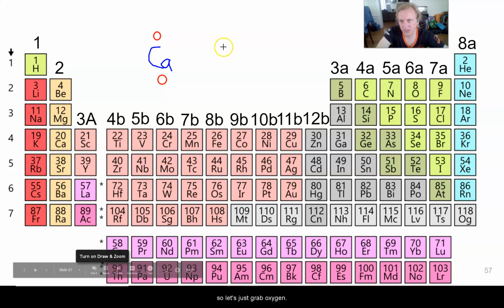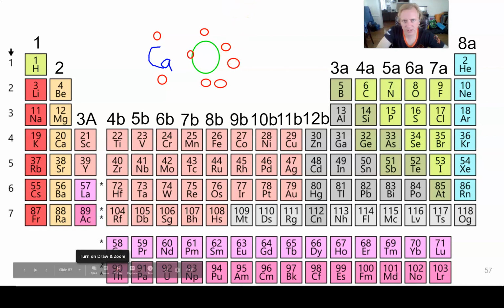We were making those green. So let's just grab oxygen. How many valence electrons do we have in oxygen? Well, we have 6, right? 1, 2, 3, 4, 5, 6.